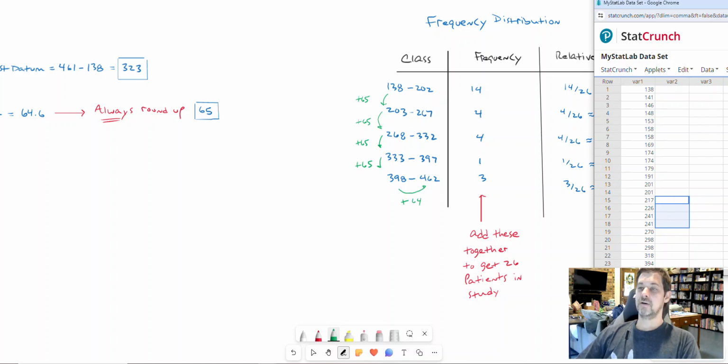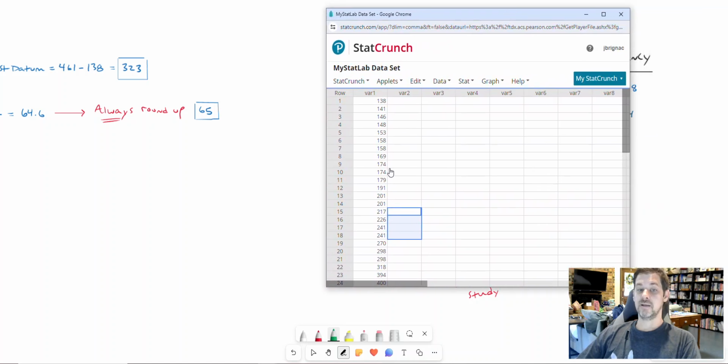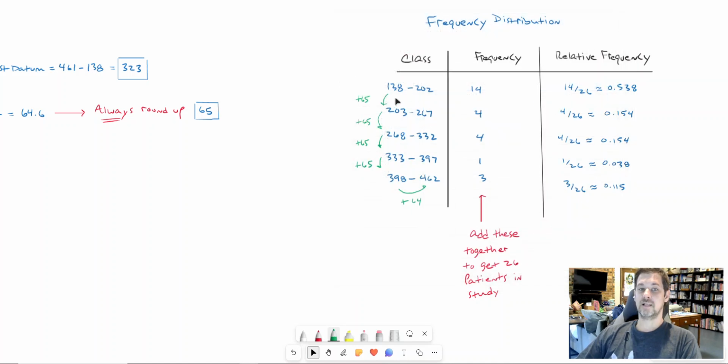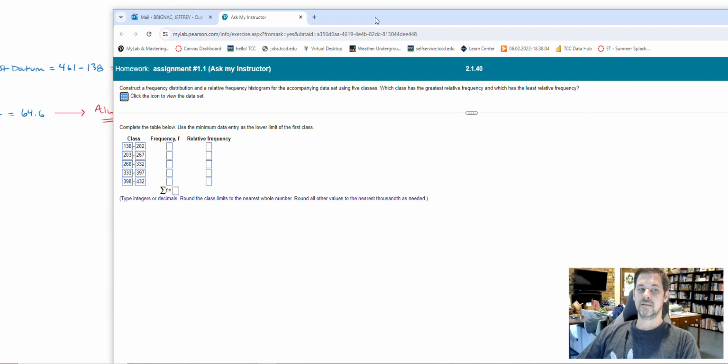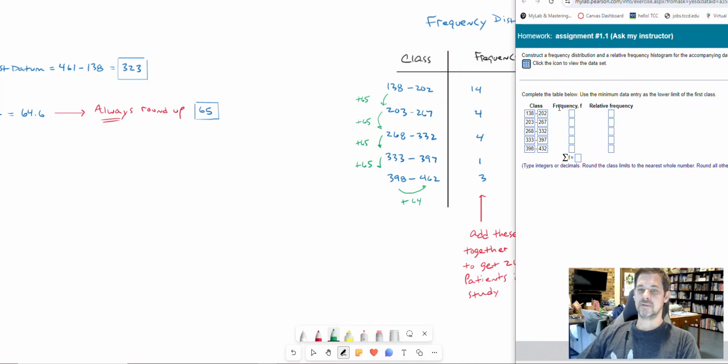Now, as you can see, since this is sorted, I can count how many are in each class. All right, so that's how I get this frequency number. If I was doing this on my math, I'd put 14, counted that up, 4, 4, 1, and 3.